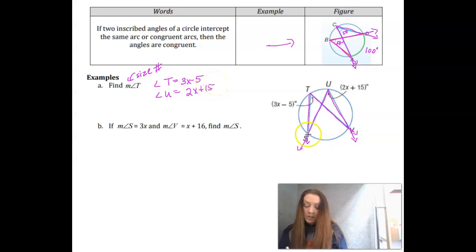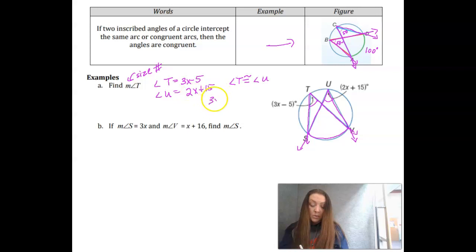Well, they both intercept arc SV, so if they intercept the same arc, that means these have to be the same measure. And so if angle T has to be the same as angle U, we know that angle T is congruent to angle U, and then by substitution, we can set our expressions equal to each other. So 3x minus 5 has to equal 2x plus 15, and now we have an equation that we can solve.